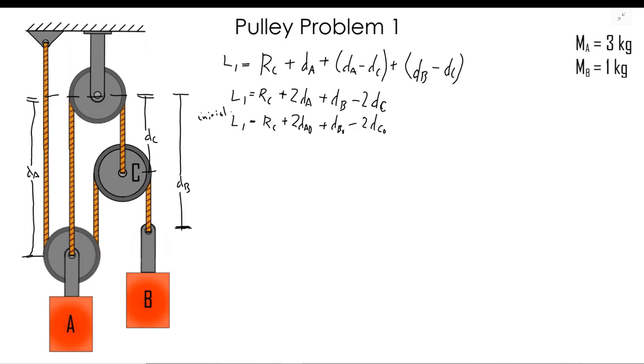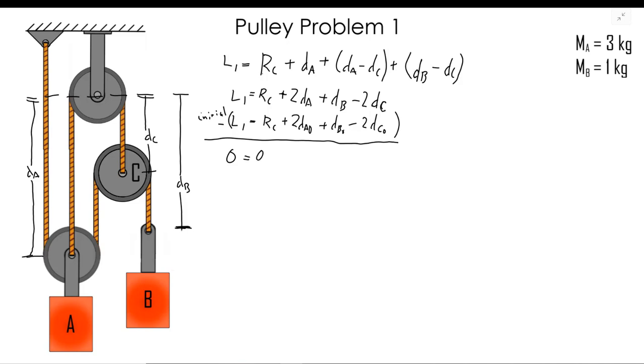So basically, if we subtract these equations in the end, we'll get our distance formula. So we have to subtract the whole thing. We're going to get a 0 right here. RC minus RC is 0 as well. So that makes sense.